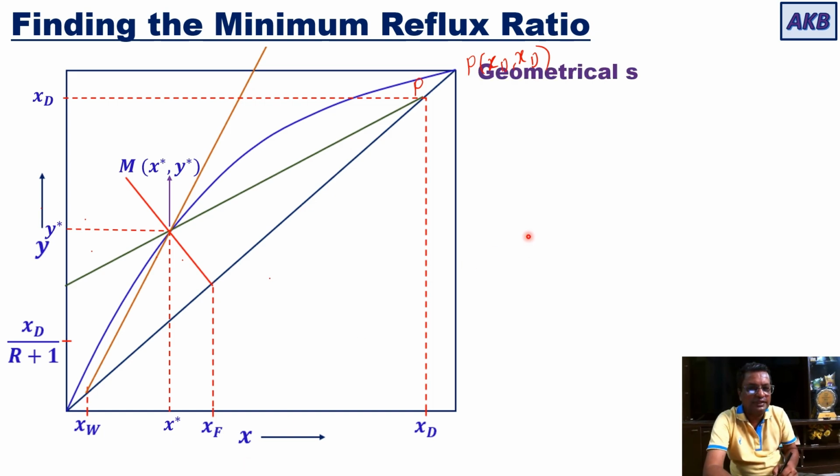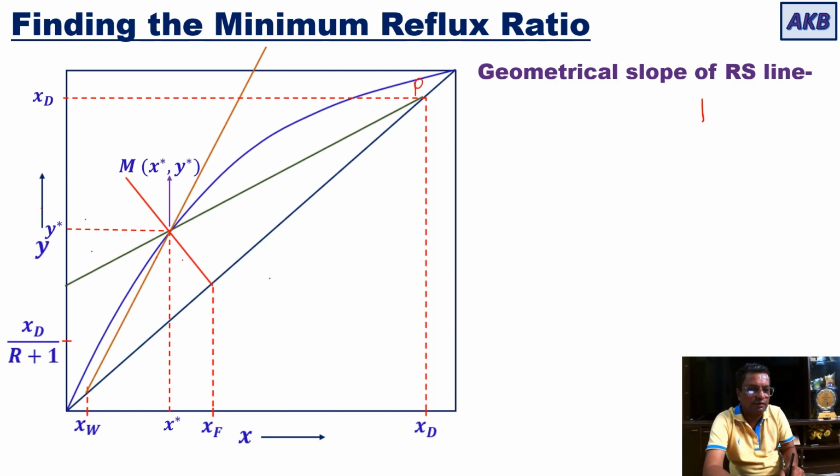So with this understanding, let us first know how to get the geometrical slope for the rectifying section line. So this is point P, and point P I'll write over here.